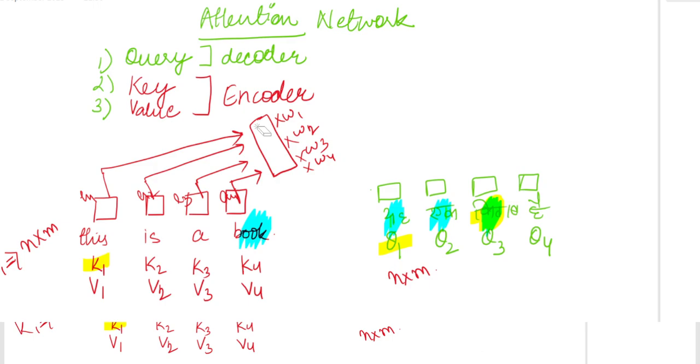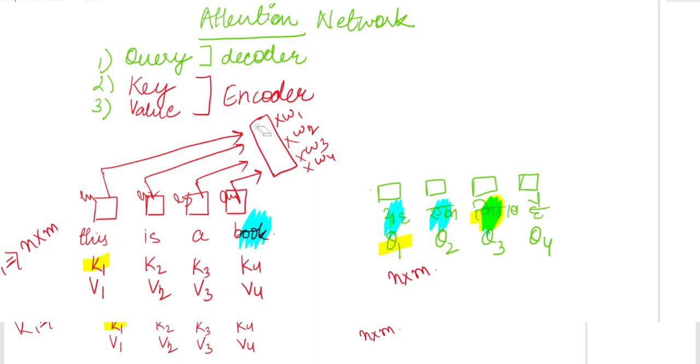If two numbers are different, let's say 0.1 and 0.9, the number would be lower. So it's basically the distance. The lesser the distance between book and kitab, the more weightage we want to give to that word, right?